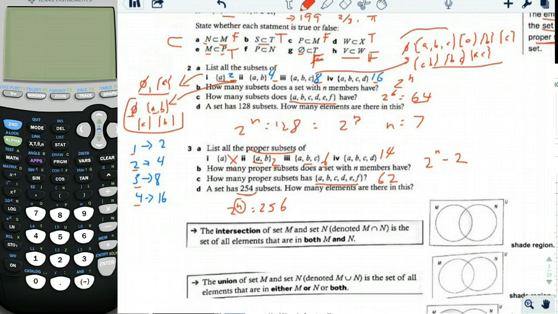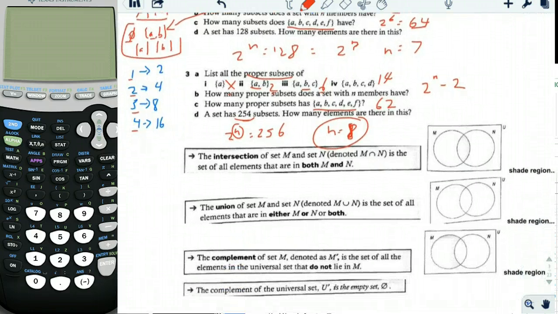So what's n here? n would be 8, right? Because it's 128 times 2.